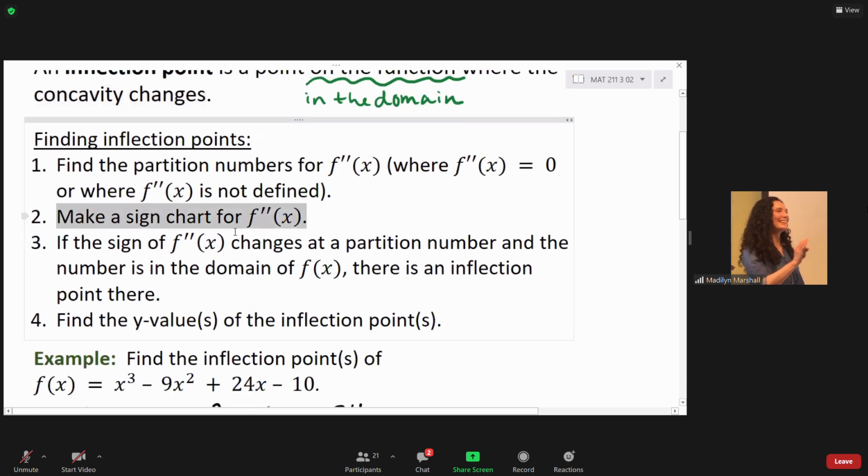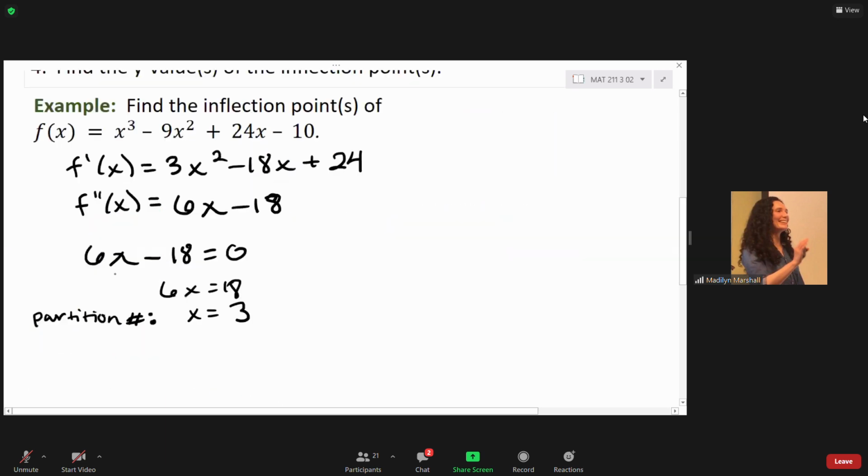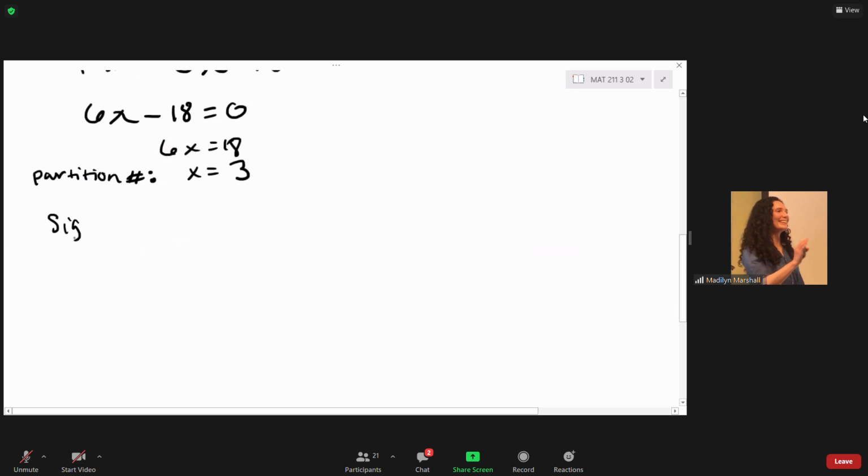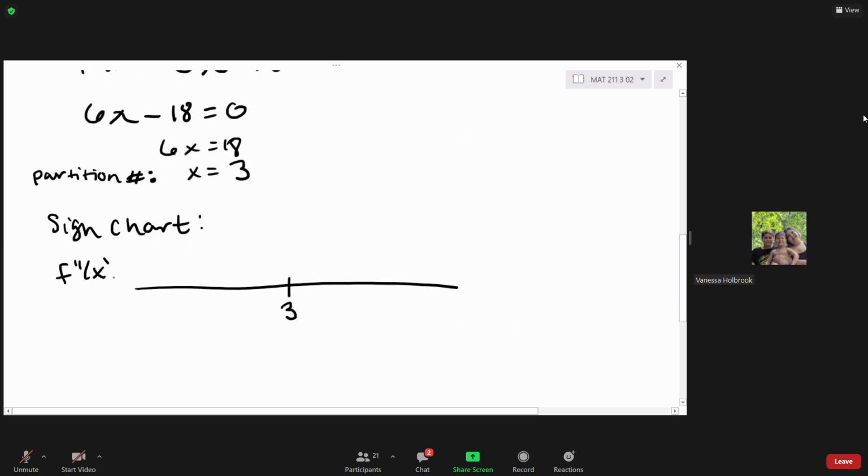So for step 2, we will make a sign chart for f double prime. We were making sign charts for f prime in the previous section, and this will work exactly the same way. Now we only have one partition number, 3. And we can figure out where f double prime is positive and negative, because that's how we figure out if it's concave up or concave down.